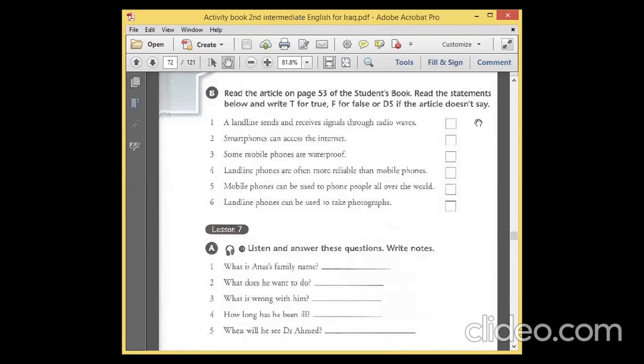Number 2. Smartphones can access the internet. True or false? True, because we already know this. Number 3. Some mobile phones are waterproof.